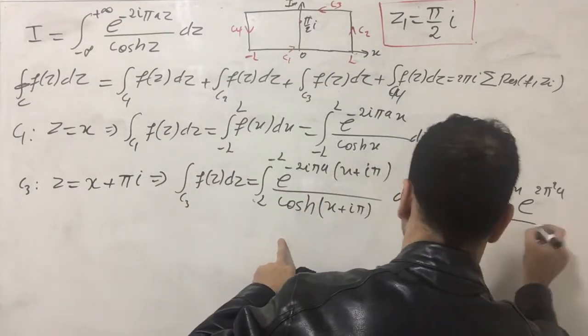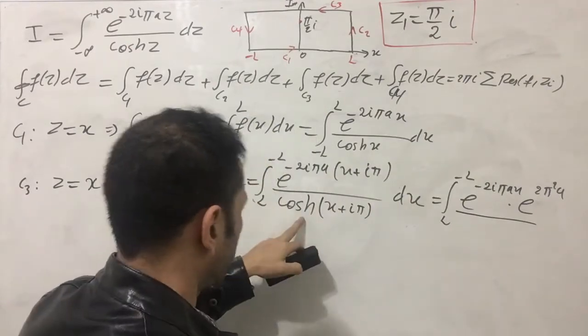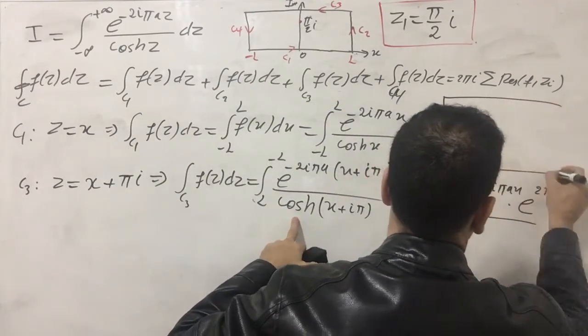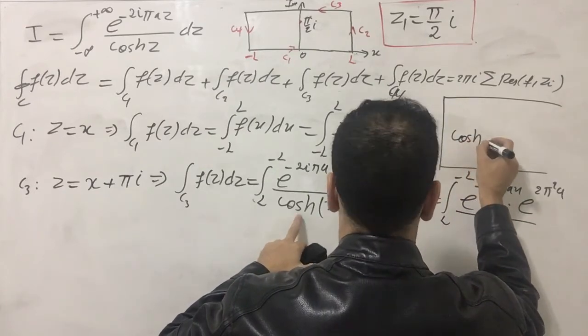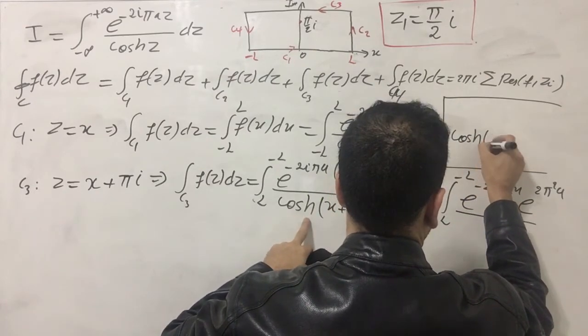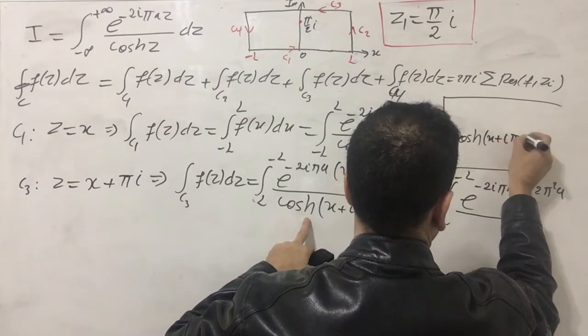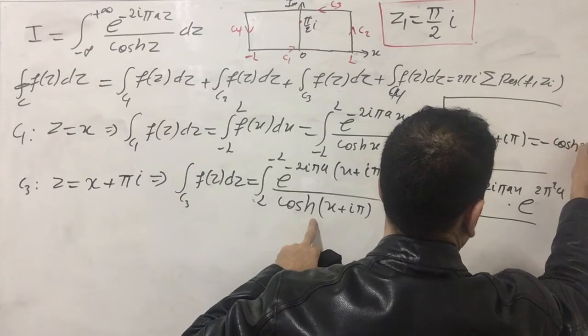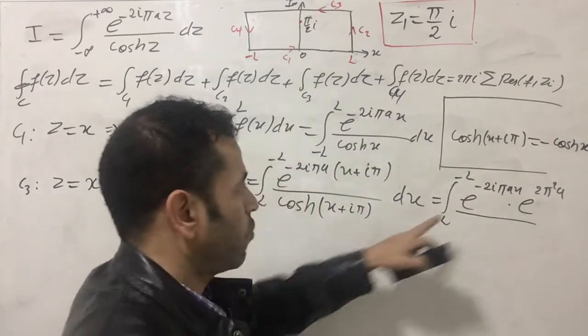As you can see here, cosh of x plus i pi equals minus cosh of x, with a minus sign in front.